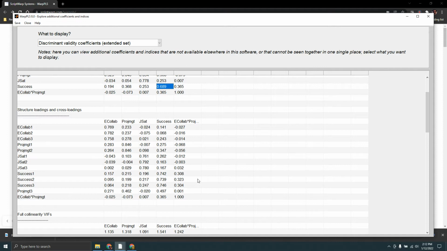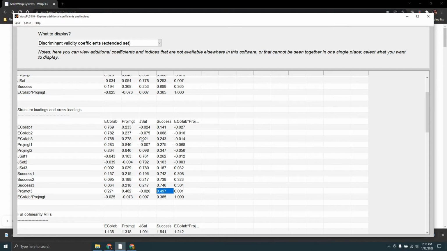But here, interestingly enough, there is a rule for convergent validity which says that each of the indicators should have a loading of 0.5 or higher with its latent variable. And as I can see, they are all greater than 0.5 except for this one, which is the offending indicator.